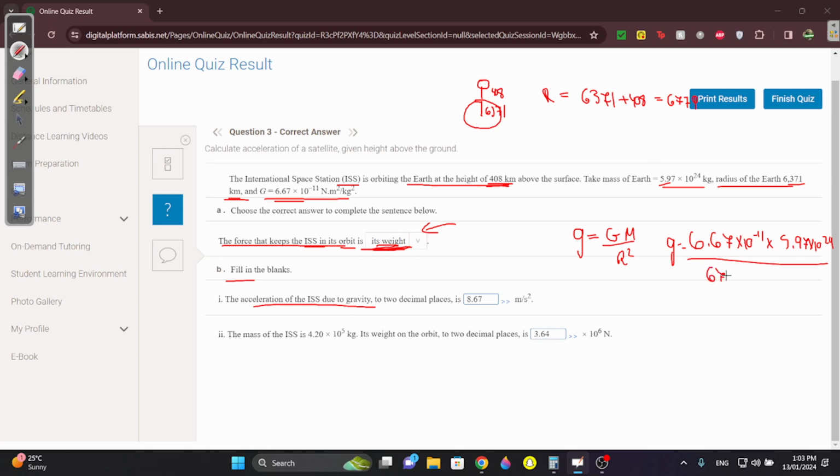So over 6779 squared. But here's an important step. This r is in kilometers, but we need r to always be in meters. The rule is, if r is in km, multiply by 10 to the power of 6 in the denominator.